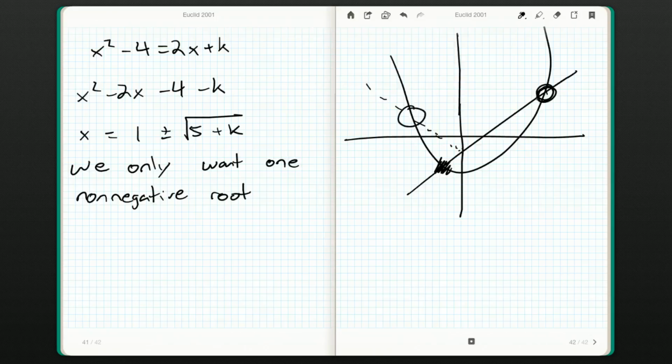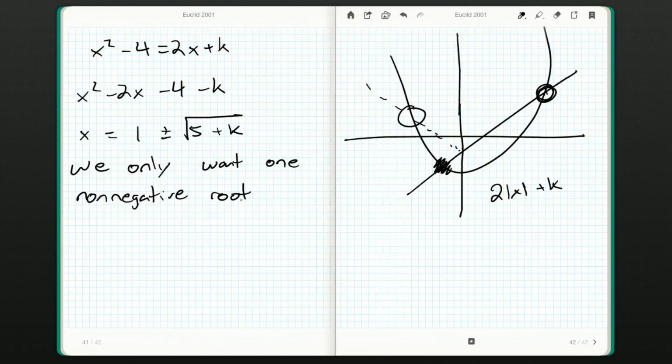So we're talking about this specific black line, but I don't care about any of its negative intersections. So I only care about how it behaves on the right side of the graph. So I'm only interested in this line intersecting the parabola in one non-negative root. Okay? Any negative roots will be fine. It doesn't matter. I don't care because they're not going to show up on the graph of 2 absolute value of x plus k. Okay?